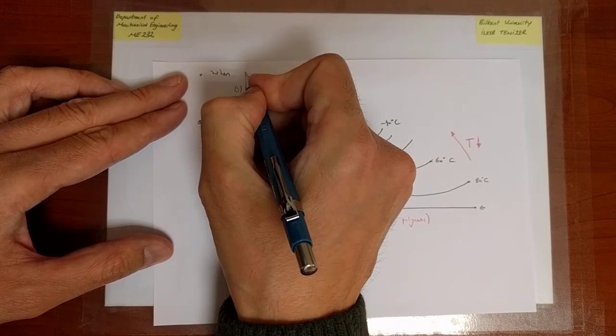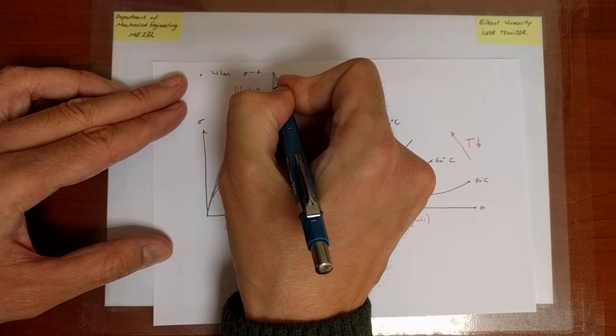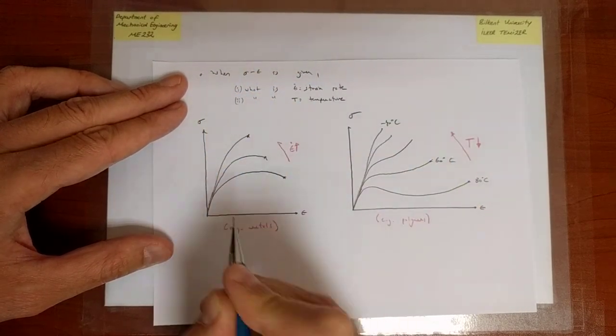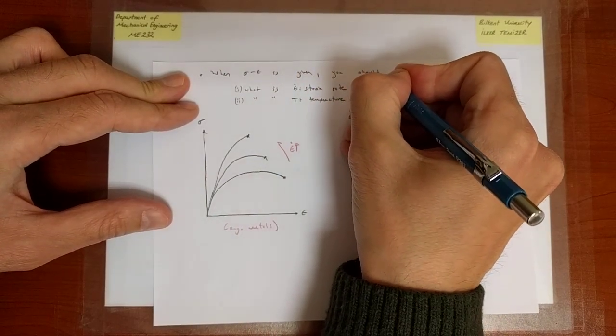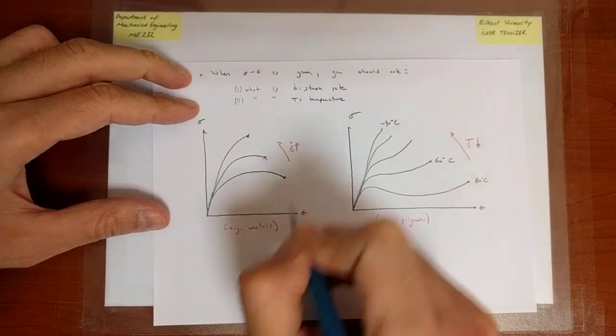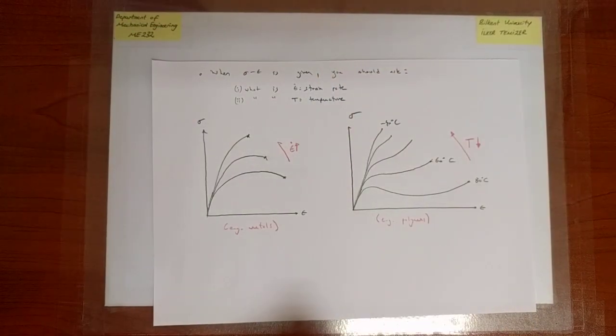So the point here is that when sigma epsilon is given, we should ask what the strain rate is and what the temperature is.